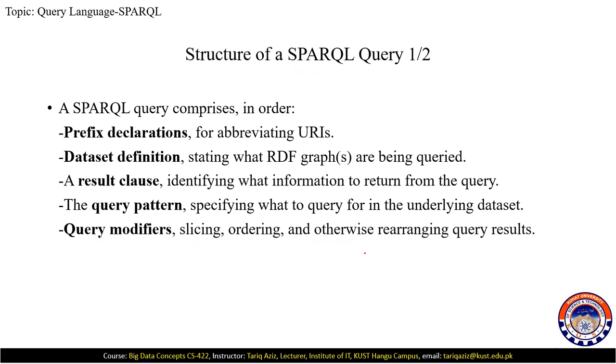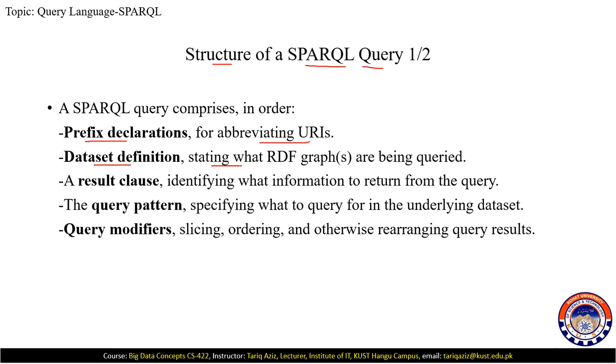Now, dear students, what's the structure of the SPARQL query? This is the structure of the SPARQL query, and it consists of the following things. The first thing is prefix declarations. Why do we need this? For abbreviating URIs or URLs, as we discussed previously. Then we will need a dataset.